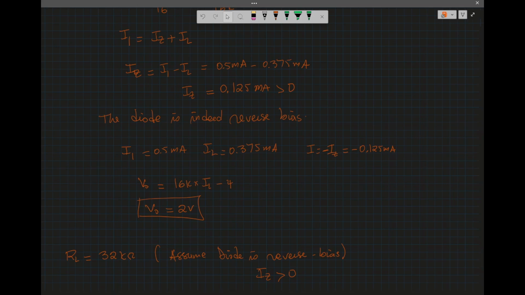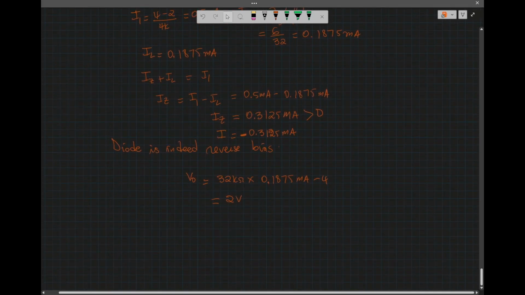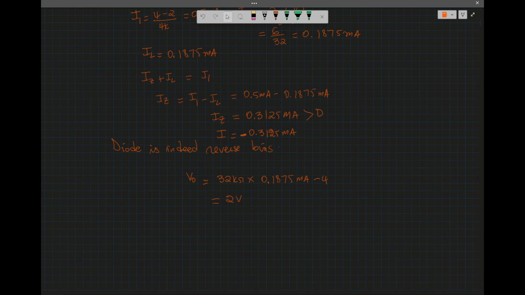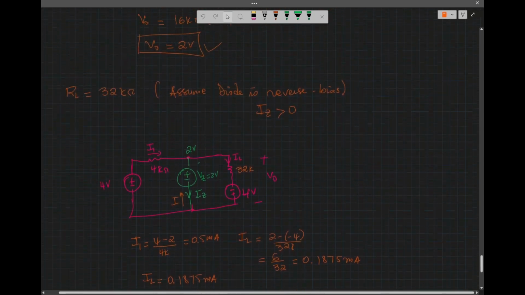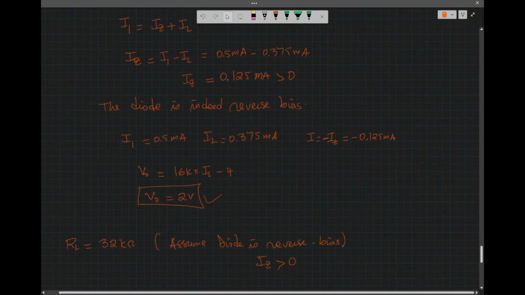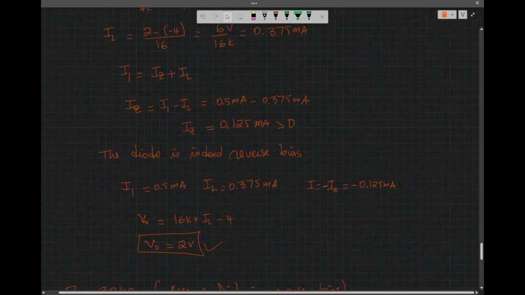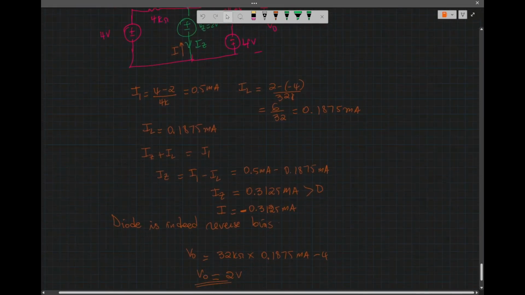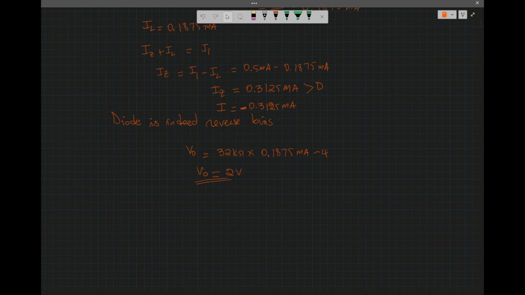So this is 2, and the other one is also 2. So double check: I load was 0.375 times 16, and this is 32, so it's half. That's why. Okay, so that's it.